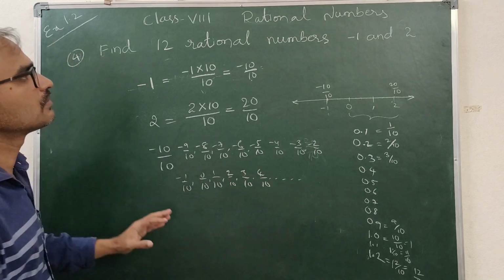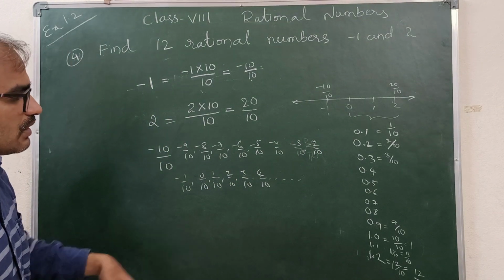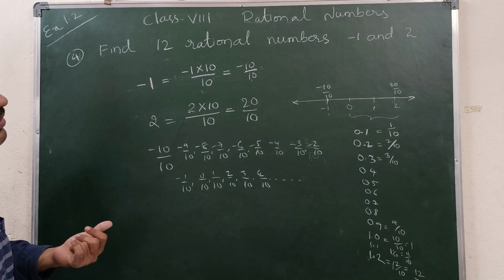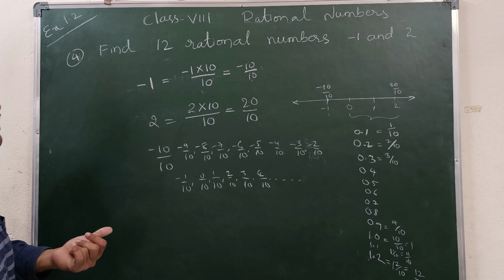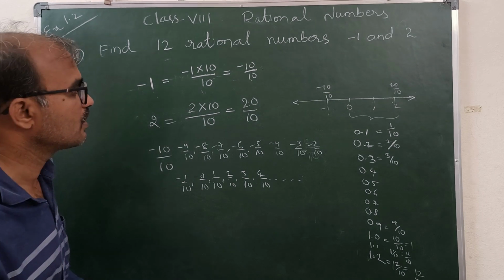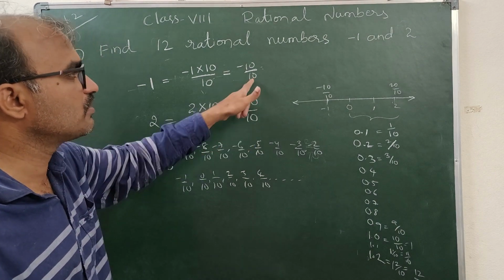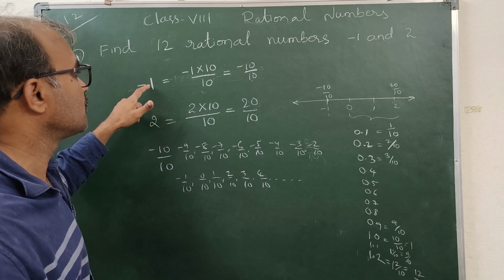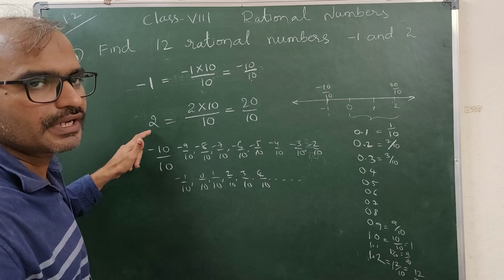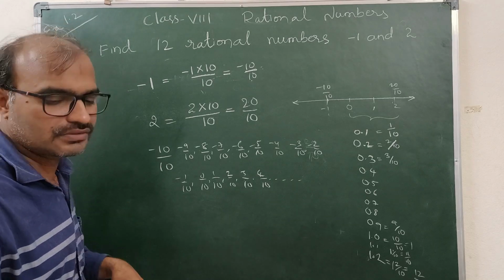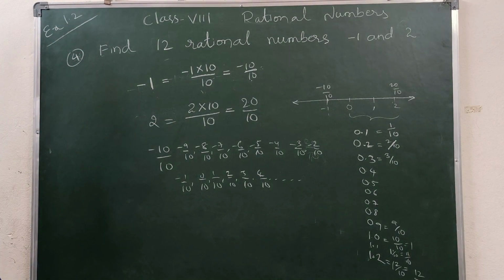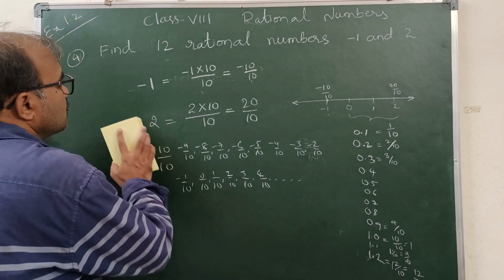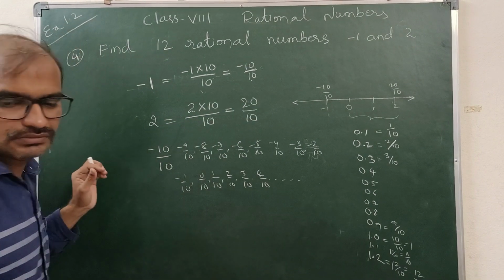We wrote more than 12. That's it, right? If you have any other method, you can post it in the comments. Instead of 10, you can multiply by 5 also. It will be -5 by 5 and 10 by 5. Even then you can write the 12 numbers between -1 and 2, right?